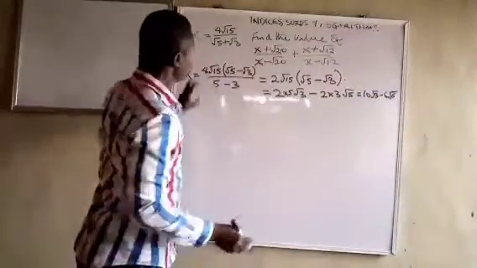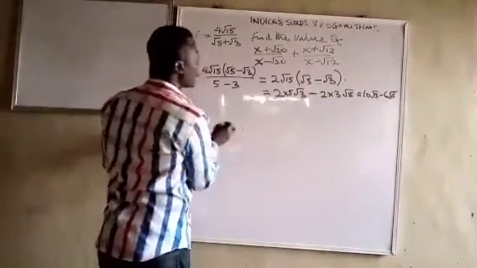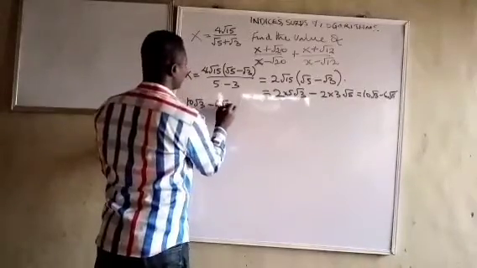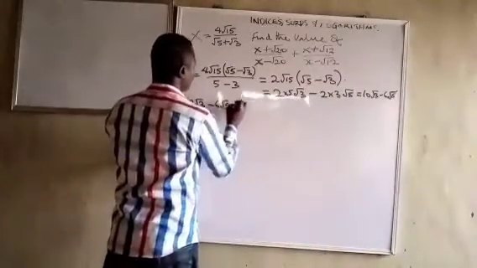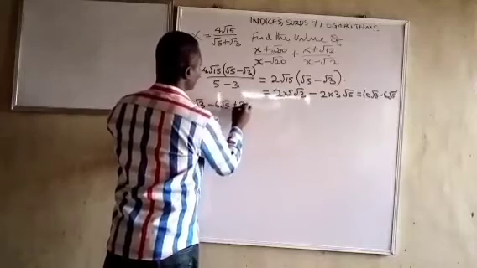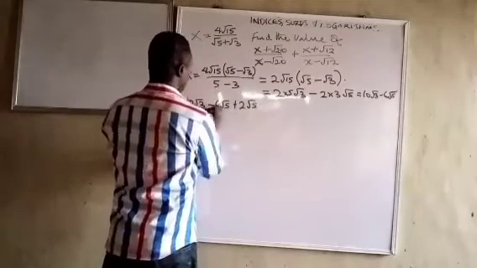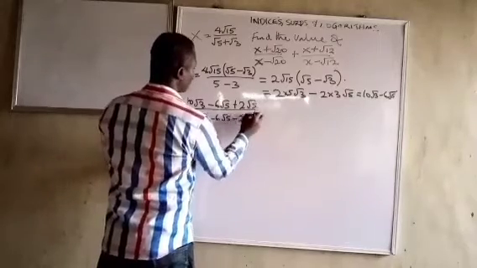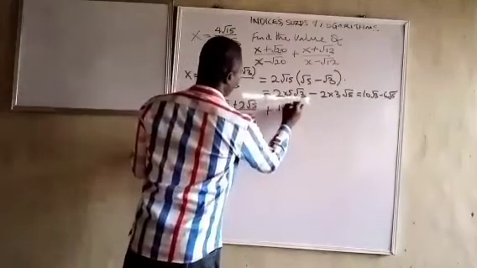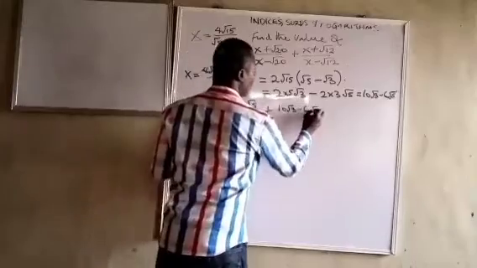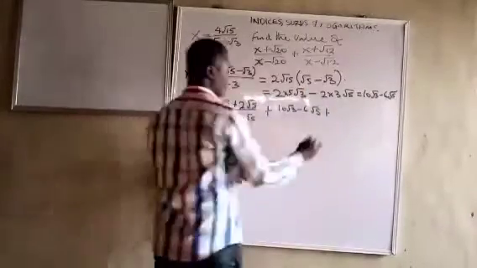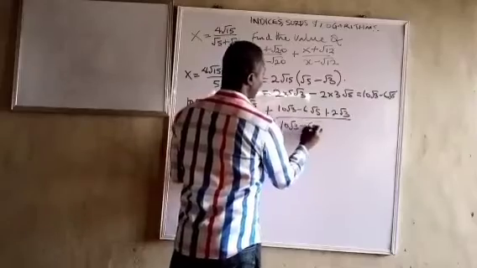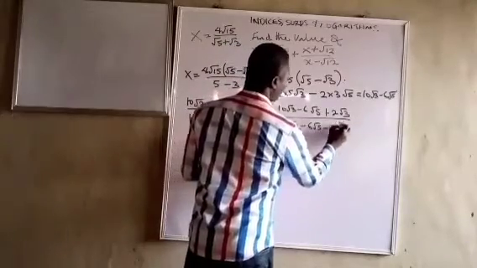Now, I will slot in this value into this expression. So I have 10 root 3 minus 6 root 5, and root 20 is 2 root 5, plus 2 root 5 over 10 root 3 minus 6 root 5 minus 2 root 5, plus 10 root 3 minus 6 root 5 plus root 12, which is 2 root 3, over 10 root 3 minus 6 root 5 minus 2 root 3.